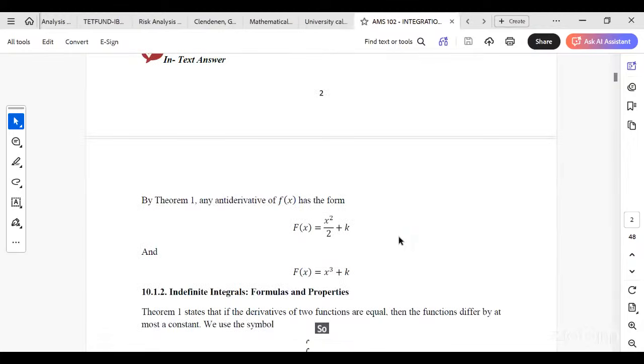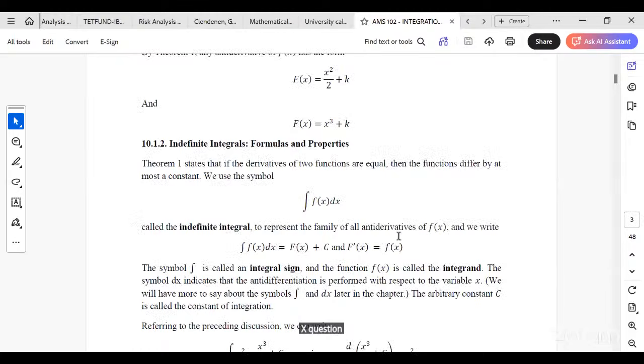So there are standard formulas for defining integration or anti-differentiation. The first one is the integral of the function f of x being defined as capital F of x plus c. The integral is the symbol that looks like this elongated s. That is the integral sign. The function that you are integrating is our f of x, and you are integrating it with respect to x, and that's why you have dx.